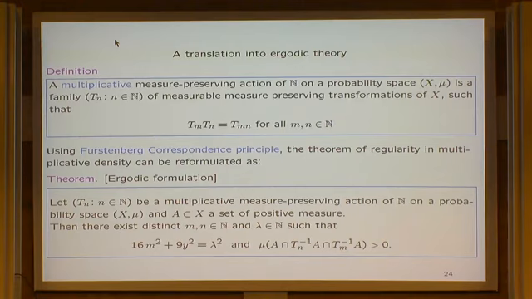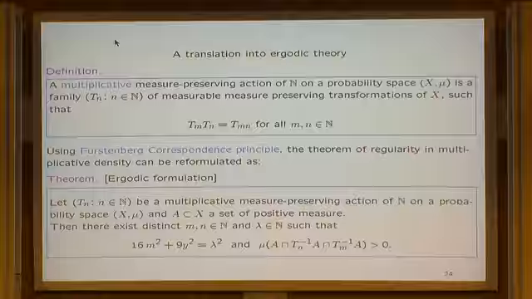Y is n. Oh, it's probably n. Yes, here. That's n. And the measure of the intersection of T_n inverse of A, intersected with T_m inverse of A, is positive. Okay. So y is equal to, yes, n.